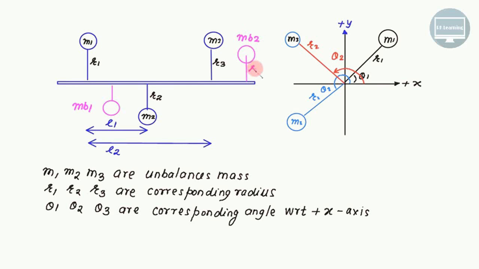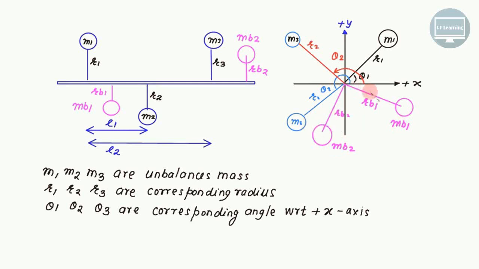This one is at radius RB2, and this one is at radius RB1. So in my figure, I have 2 unknowns again, and I have to show them anywhere. Right now I don't have space in this quadrant, so I will show 2 masses in this quadrant. This one is called MB1 and this one is MB2, with corresponding radii RB1 and RB2.